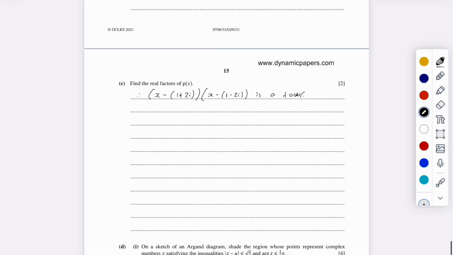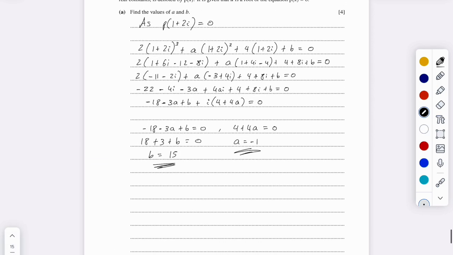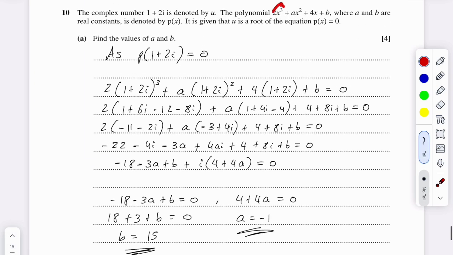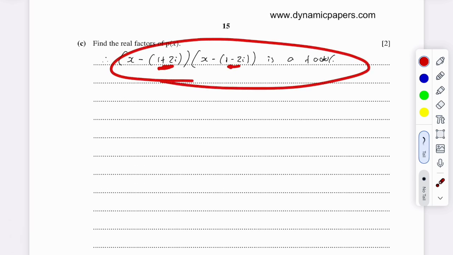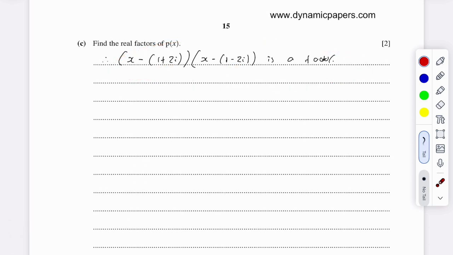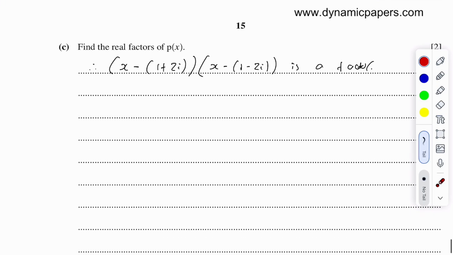Remember p of x here is the power of 3. But we know this is a factor because we know 1 plus 2i and 1 minus 2i are roots. And therefore, combining these together, that's all one big factor. We just need to find the next polynomial, which is going to allow us to factorize it completely.